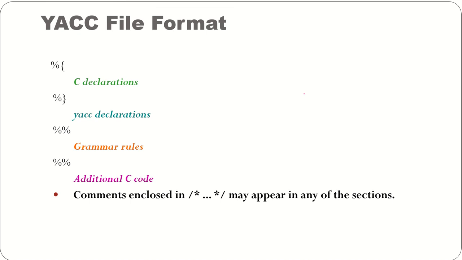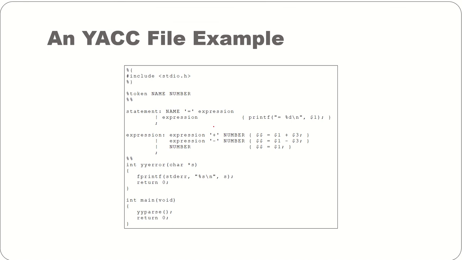This is general format of a Yacc file. Declaration part, grammar rules, and user subroutine. This is example of Yacc specification where we are specifying here grammar. This is declaration part and this is user subroutine.